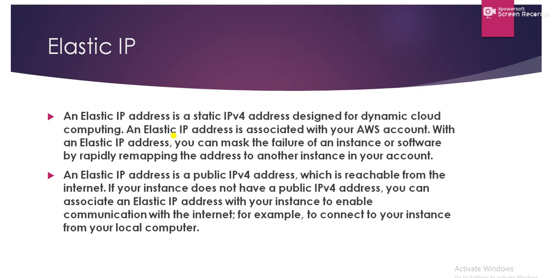Whatever we learned today, we learned what is a subnet, routing table, internet gateway, NAT gateway, and network ACL. These are the parts of a VPC. When we do the lab, we will create the VPC, the subnets, the routing table, and the internet gateway.